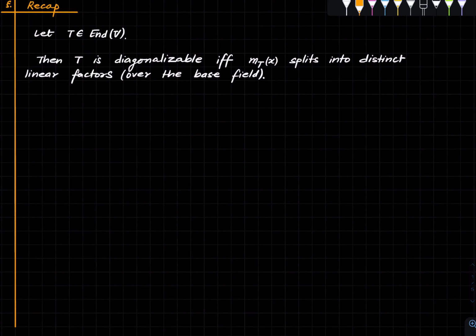So let us recall. For an endomorphism T on a finite dimensional vector space V over a base field F, we know that T is diagonalizable if and only if the minimal polynomial of T splits into distinct linear factors, of course, over the base field.